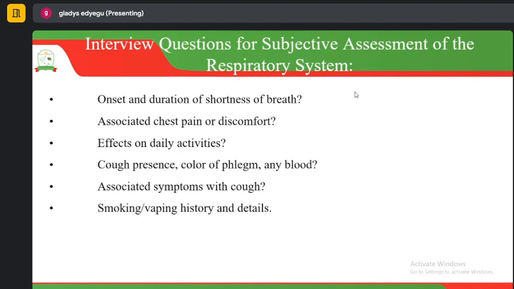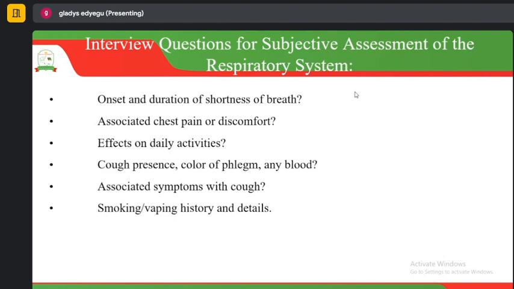And also there can be some other associated symptoms with cough. The patient may tell you, when I cough, I end up vomiting because maybe the patient is straining so much. So there you can understand what this patient is going through. There are so many things that the patient may tell you that could be associated with the cough that is going on with him, and there you can relate it to some other factors.